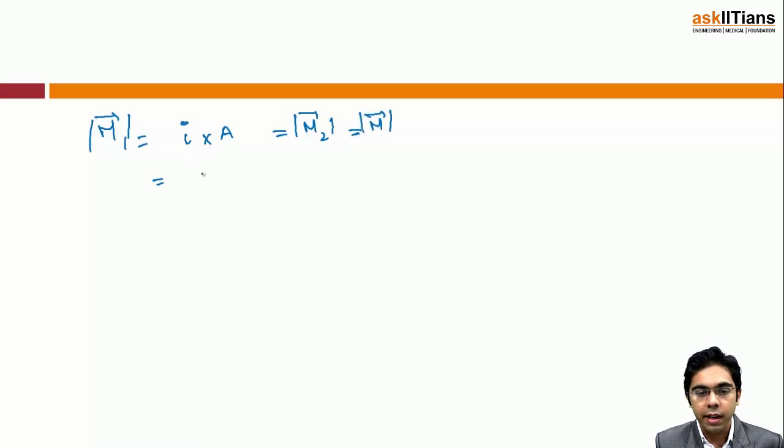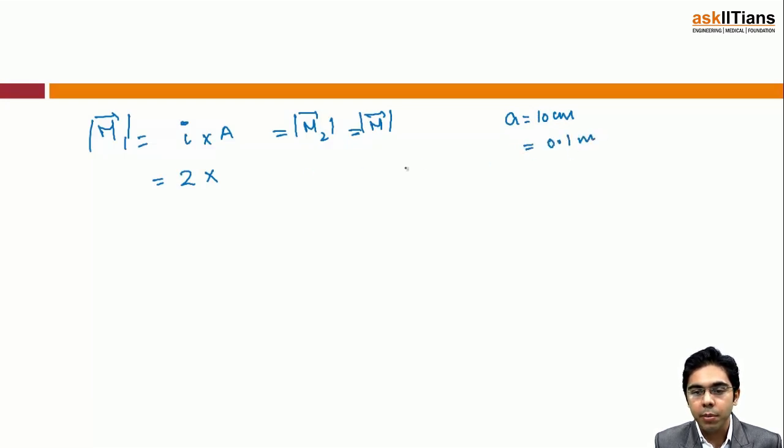So M1 will come out to be I into area, and similarly this will also be the value of M2 because the same current is going and the areas are also the same. Let me write this as m. I is given as 2 amperes, and the side is 10 centimeter, so we can write this as 0.1 meter.